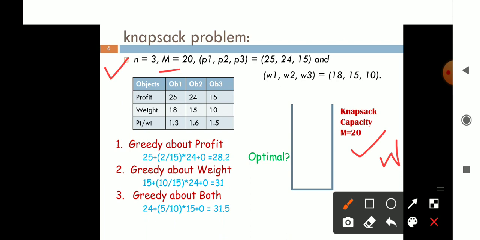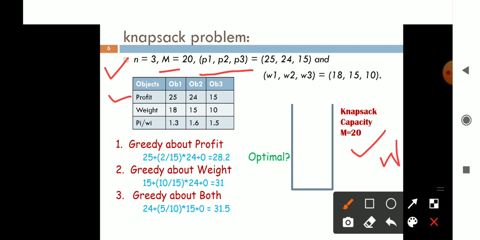Now after that we have the objects: object 1, object 2 and object 3. And here we have P1, P2, P3, and these are the profits, or we may have the values B1, B2, B3 when we call it benefit. So we can choose profit or benefit, any name will do.